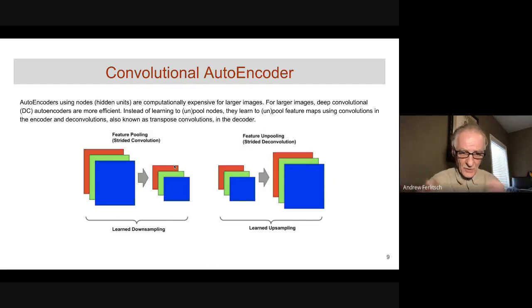In effect, we're learning to downsample. A deconvolution does the exact opposite. If you start with these feature maps and set the stride to 2, it's going to output feature maps that are 2 times as high and 2 times as wide. So it's learning the best way to upsample. That's the only difference between a convolution and a deconvolution.